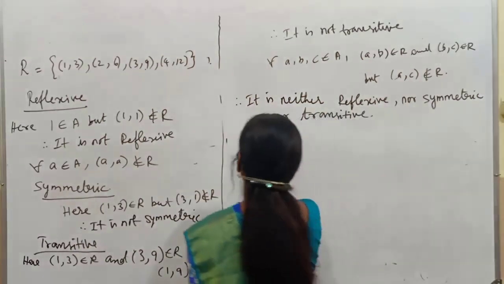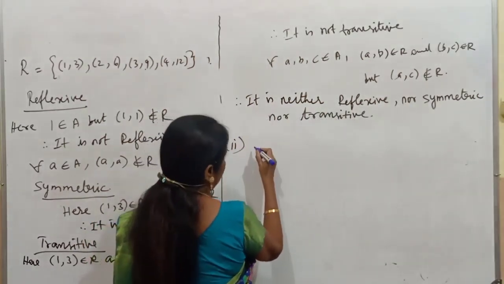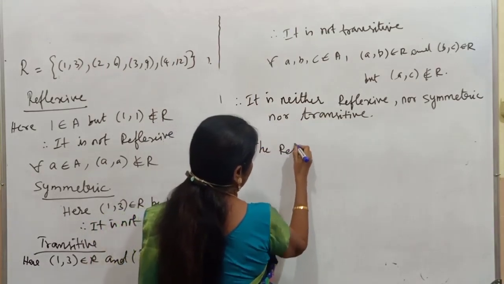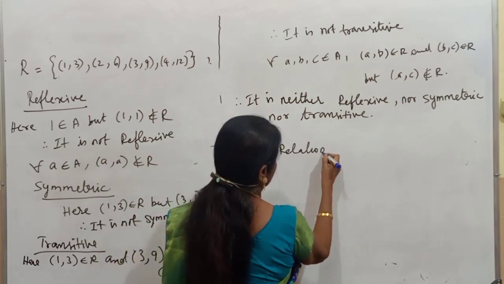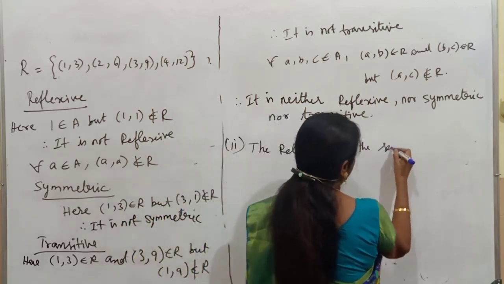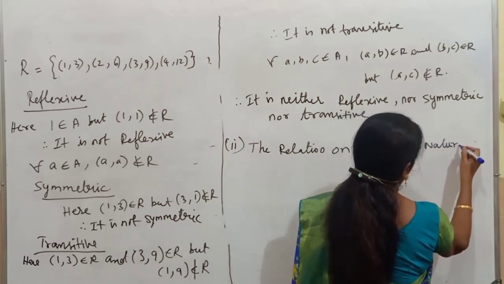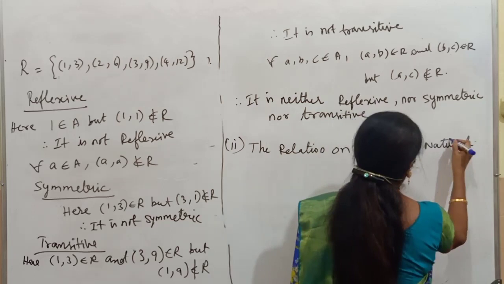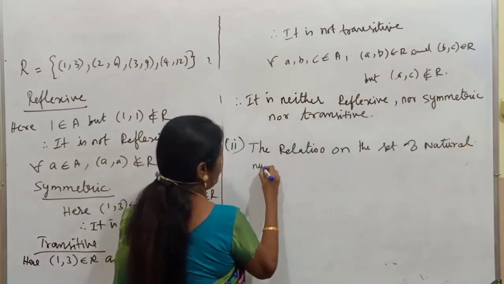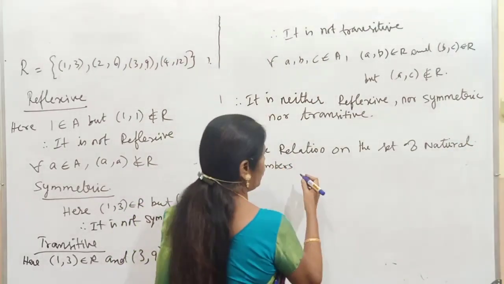Second one. I'll take the relation on the set of natural numbers. This is the second question in the book.